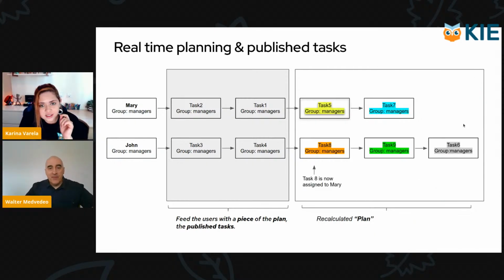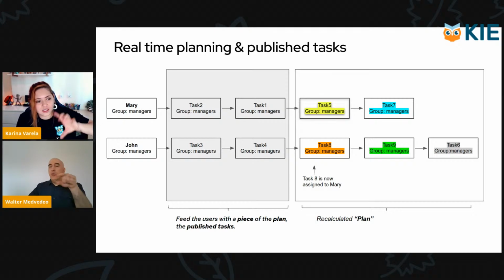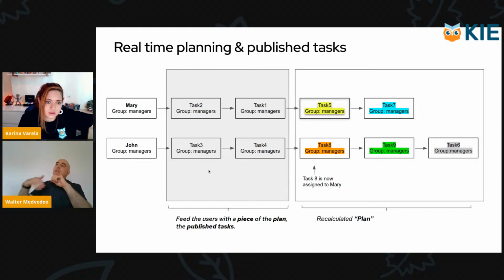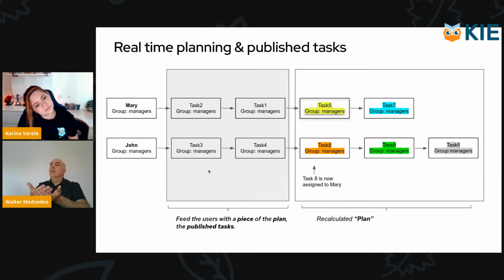Does OptaPlanner also reassign tasks that were already assigned just to optimize the plan? Exactly. Good point, Karina. So these tasks in gray here are the assigned tasks, the formally assigned tasks, the reserved tasks. This is what we call in OptaPlanner the published task.